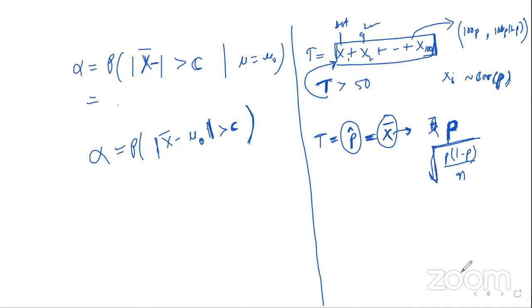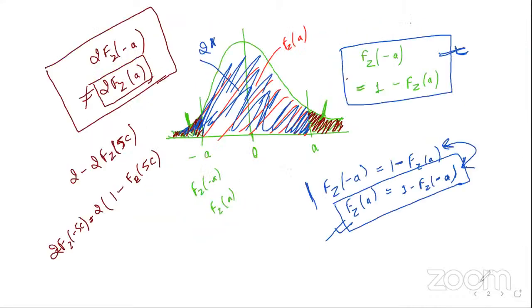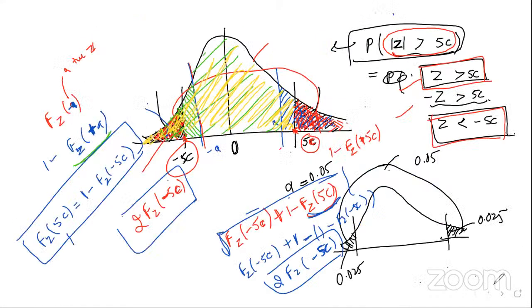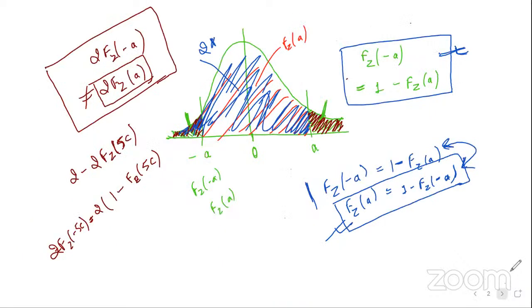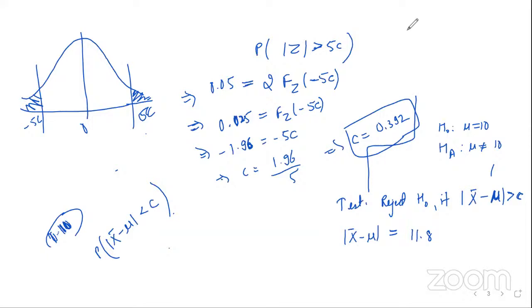We had already seen here two different approaches to the same problem. In one case, we took our test to be reject H naught when x bar minus mu is greater than C, and in the other we took reject H naught when mod of x bar is greater than C. In both cases, you are going to get the same answer.